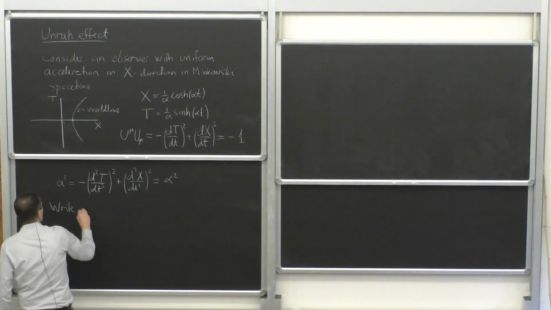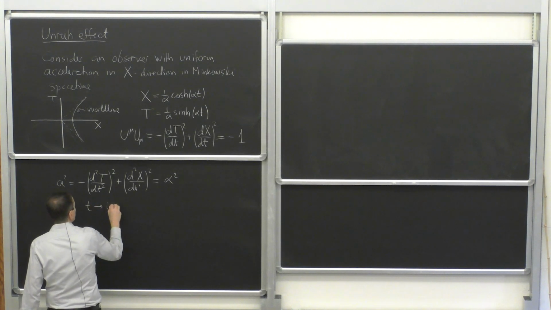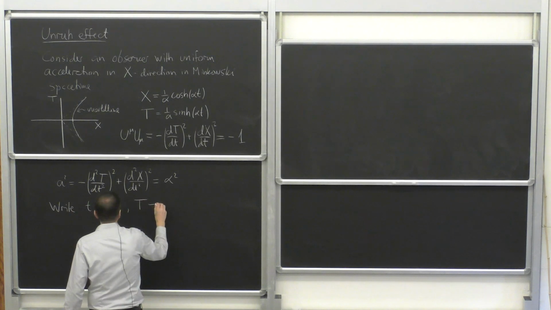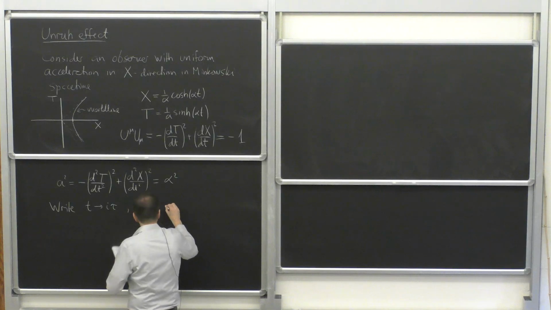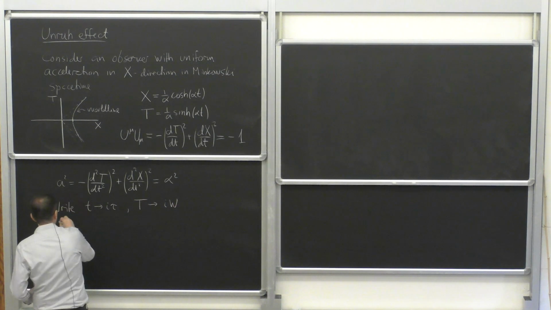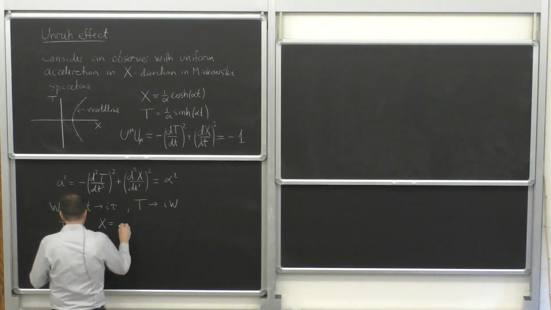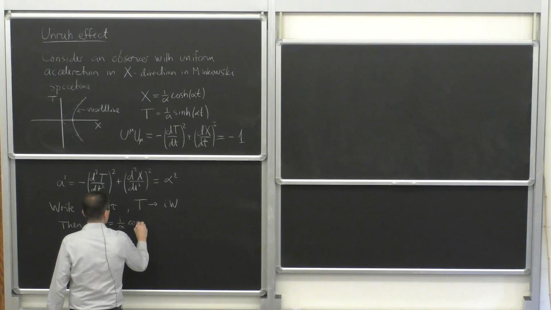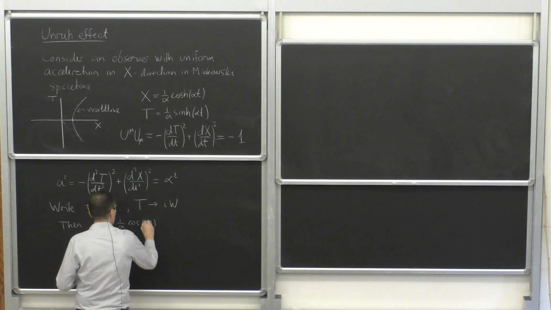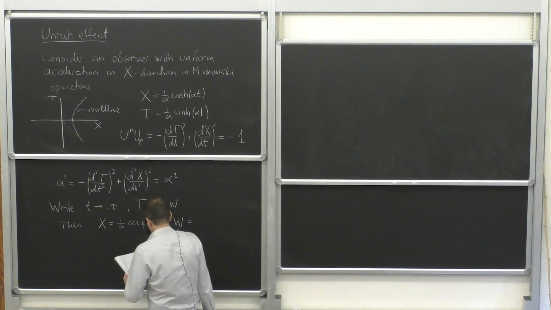Now, what we'll do now is go to Euclidean signature, and we'll do it both for the parameter t, which we'll call i tau, but we will also do it in the Minkowski space. So t will go to i w, right? Then it's easy to see that x will be 1 over alpha cos of alpha tau, and w will be 1 over alpha sin of alpha tau.